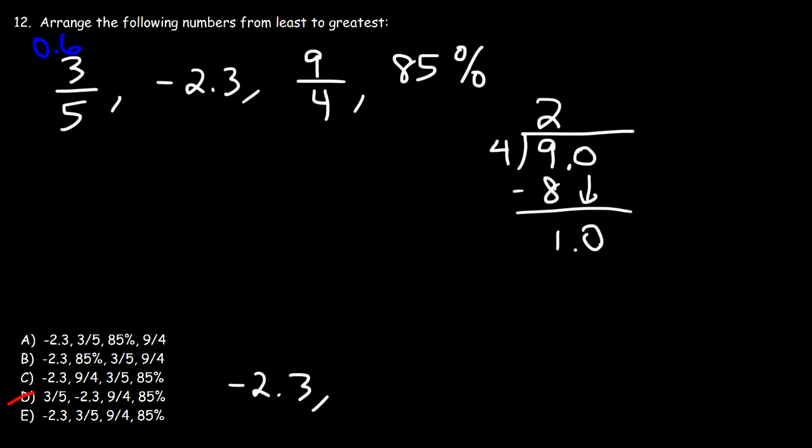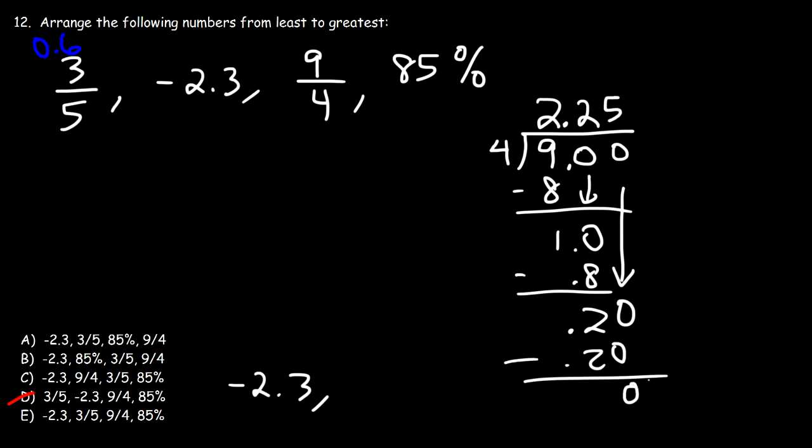How many times does 4 go into 10? 4 goes into 10 2 times. 4 times 2 is 8. So 4 times 0.2 is 0.8. So 10 minus 8 is 2. We still have a remainder, and let's add another 0. So how many times does 4 go into 20? 4 goes into 20 5 times. And so the remainder is 0. Therefore, 9 over 4 is equivalent to 2.25 as a decimal.